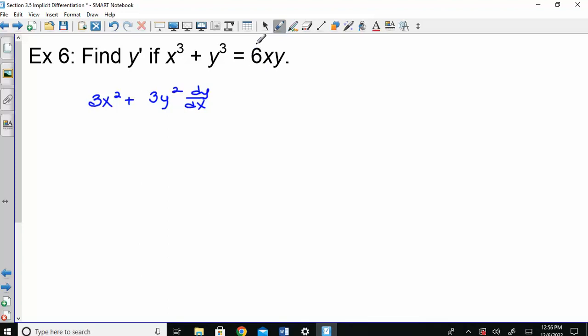Alright, so then over here with the 6xy, we have to treat that like a product rule. So derivative of the first, derivative of 6x is 6 times the second, plus the first, derivative of the second. Derivative of y is dy dx.